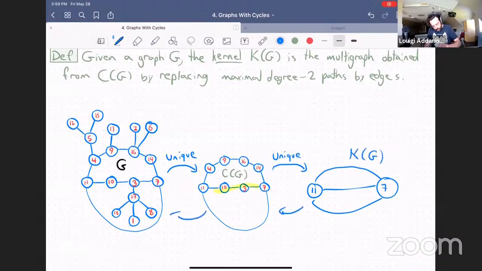And we said we understand how many ways there are to go from the core back to the graph, but how about the number of ways to go from the kernel to the core? Okay, and that takes a moment of thought, and it's what we'll go to next. I'm just looking at the chat and seeing a question.